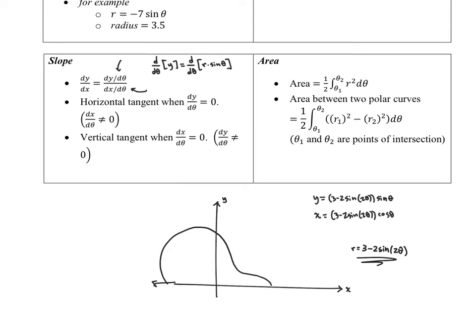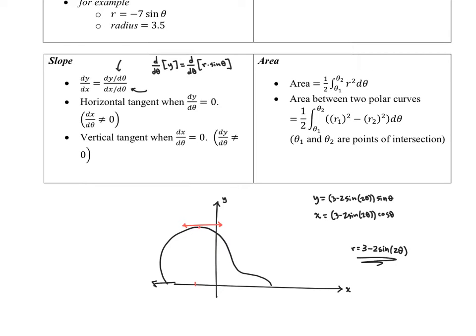Now, the next two bullets here are pretty simple to work with. A horizontal tangent, for example, on this curve, it looks like we've got a horizontal tangent somewhere in this area. And I don't know what that value is, but I'm fairly certain that we got a horizontal tangent there. That's where dy/d theta is equal to 0.